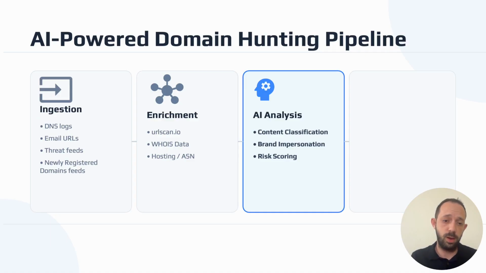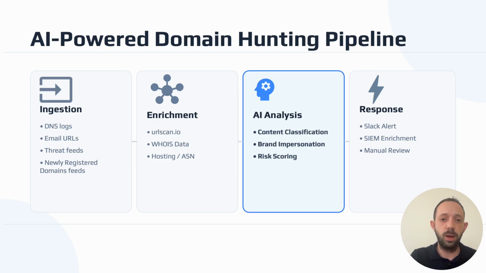And of course, if I give it WHOIS data or ASN or hosting provider data, then it can correlate all this data, and combining all those signals, it detects indicators like phishing pages, impersonation pages, obfuscation scripts, and it can assign to the domain or to the analysis a clear risk, with a clear explanation of why the AI concluded that this is a malicious domain.